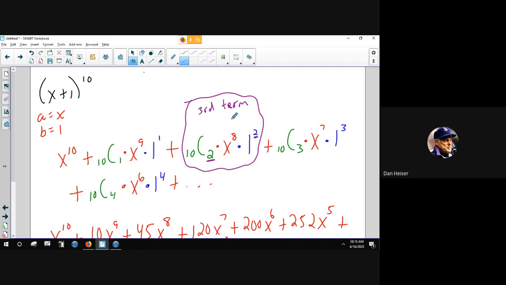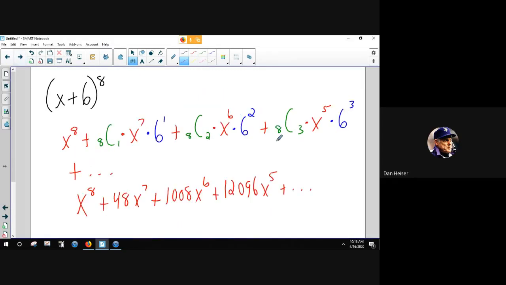That is pretty much the secret, if you will, as to how we can find one specific term. I could do that here. Here is the fourth term. One less than the fourth position, that's 3.